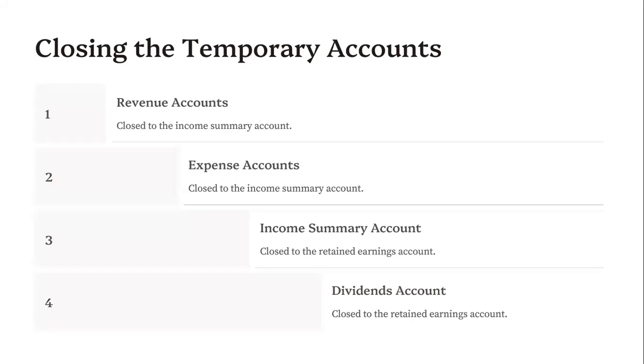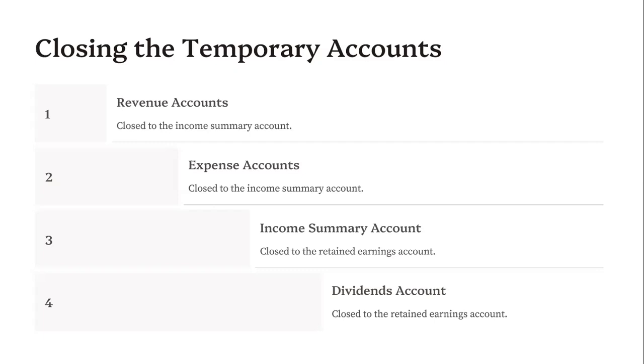Now, let's talk about closing the temporary accounts. Firstly, revenue accounts are closed to the income summary account, and then expense accounts are closed to the income summary account, and then the income summary account is closed to the retained earnings account, and then dividend accounts are closed to the retained earnings account.